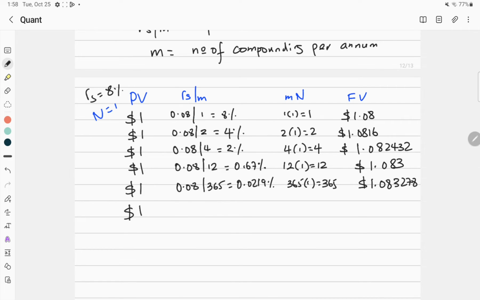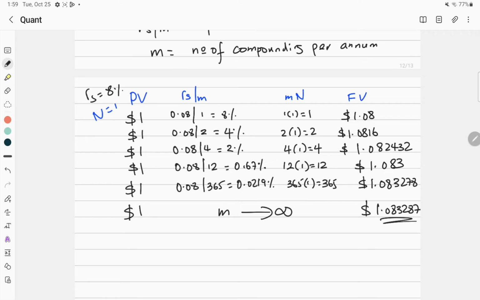It's impossible. Again, M is approaching infinity. So at the end of the first year, a $1 current investment will be worth about 1.083287.